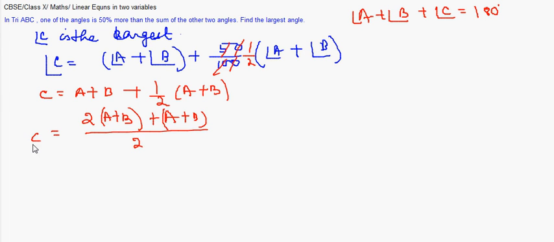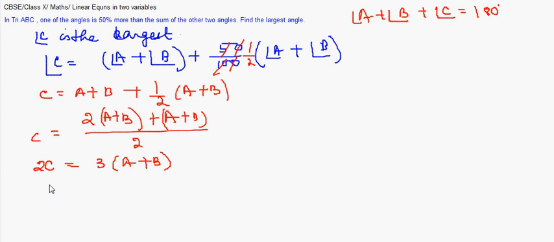Now this 2A plus 2B plus A plus B makes it 3A plus 3B, and if I cross multiply I get 2C is equal to 3A plus 3B.